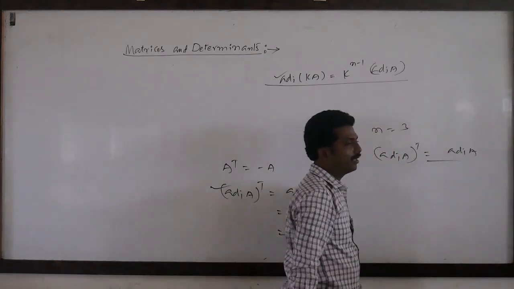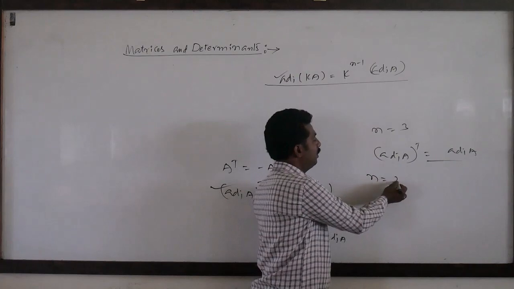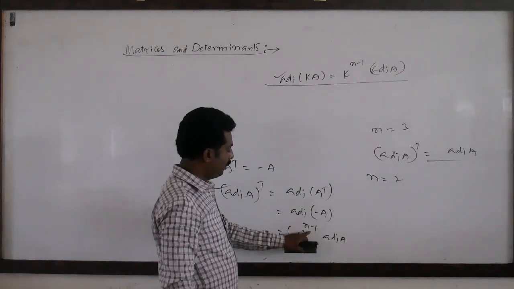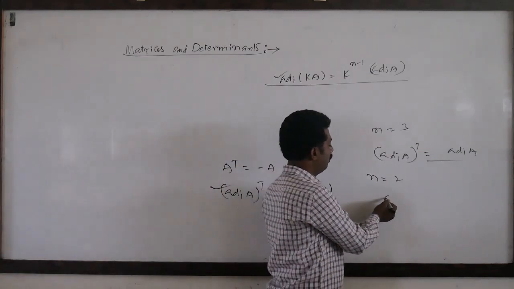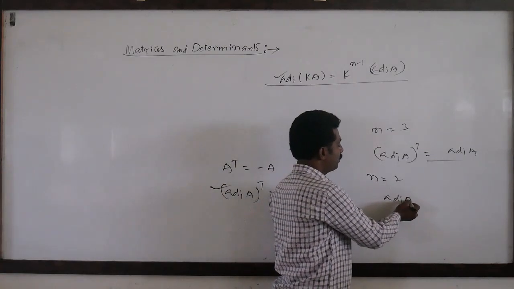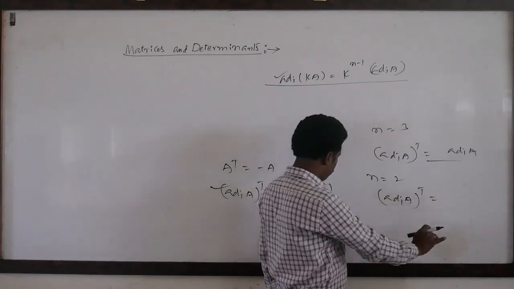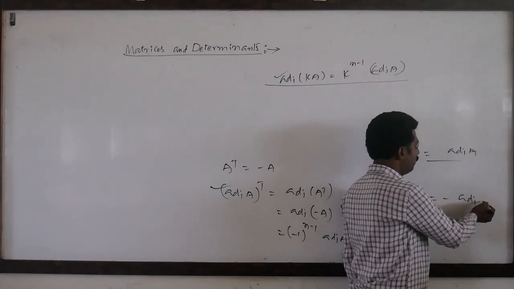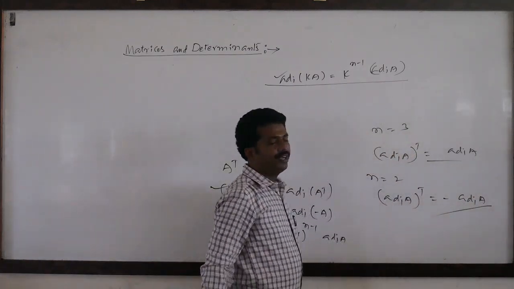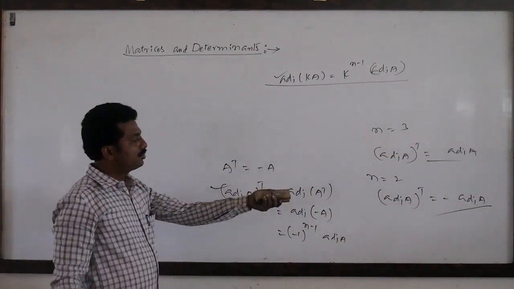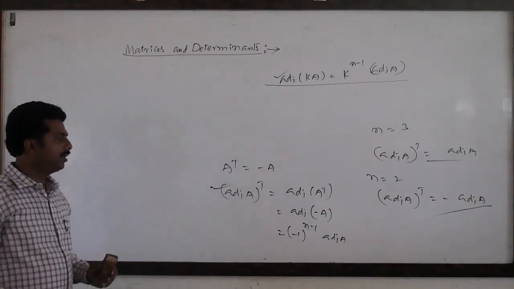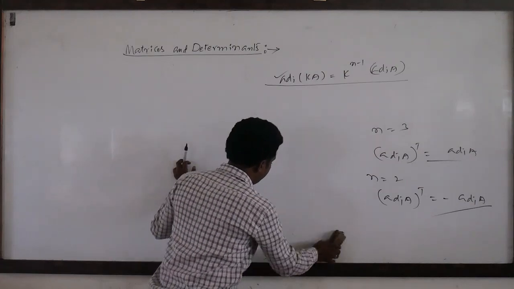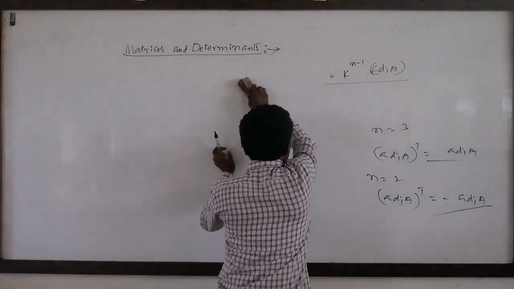So this is symmetric. Suppose n is even, n minus 1 is odd, so minus 1 whole power odd gives minus. So adjoint of A whole transpose equals minus adjoint of A. Skew symmetric matrix. So n is even, skew symmetric; n is odd, symmetric matrix. So these are the adjoints of symmetric and skew symmetric matrices.